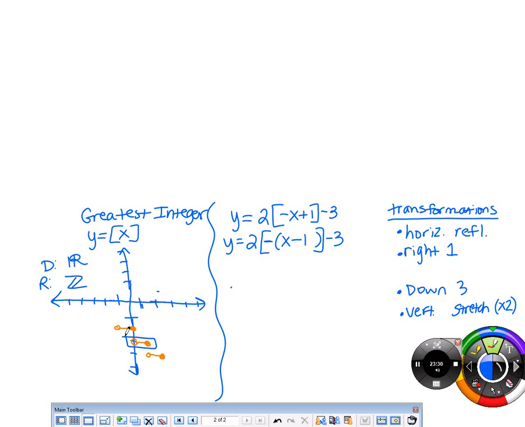Okay? So this step right here below it, what's the current vertical distance between this vertex point and this step below it? 1 unit. Okay? So it was 1 unit. My stretch says to multiply by 2. It means when I draw my final graph, I want that step to be 2 units away from the vertex point.